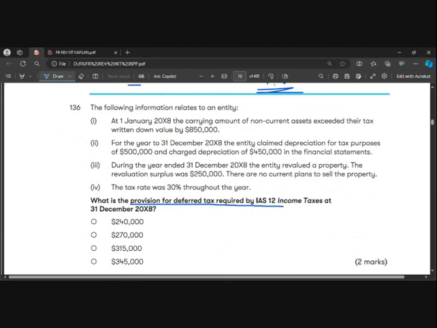For the year ended 31st December, the entity claimed depreciation for tax purposes of 500 and charged depreciation of 450 to the financial statements. Current year provision. Basically, they're asking us the closing balance. They're asking what provision should we give for deferred tax at year end closing balance.